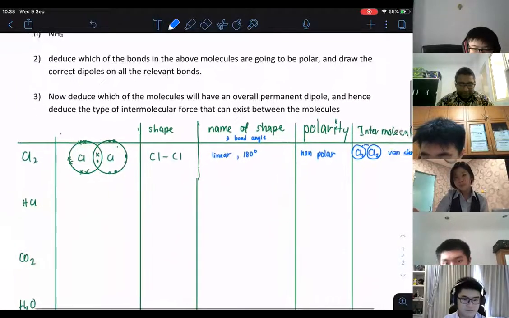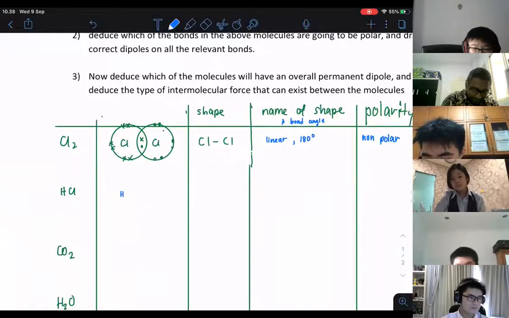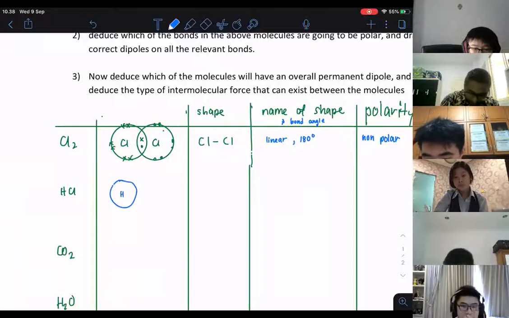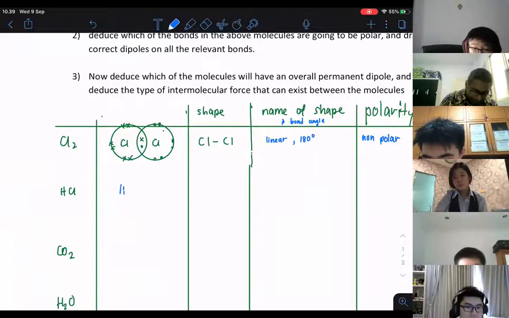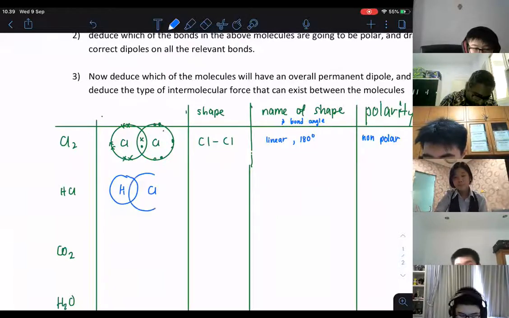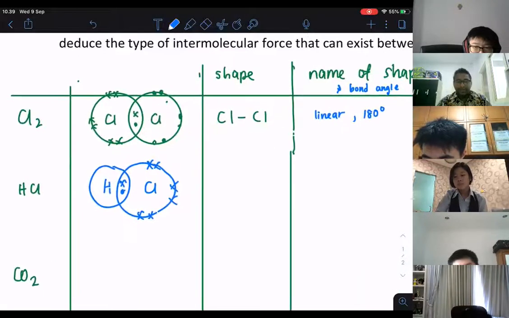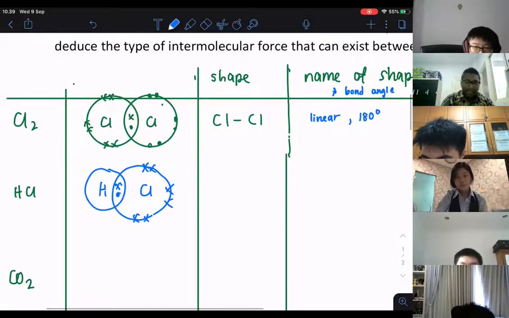Okay, let's go on to HCl. I will draw for you. Okay, H. Okay, this is going to be the structure for HCl, the cross and dot diagram.